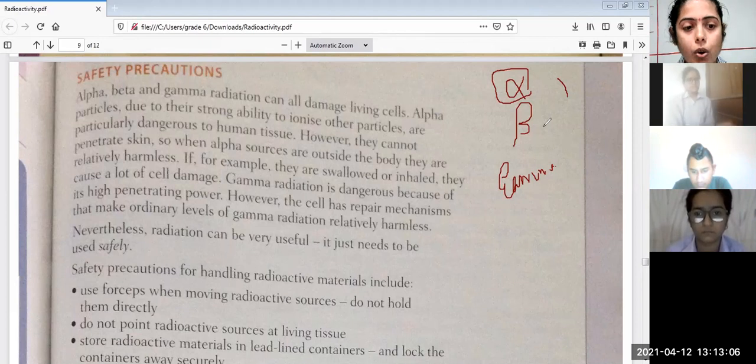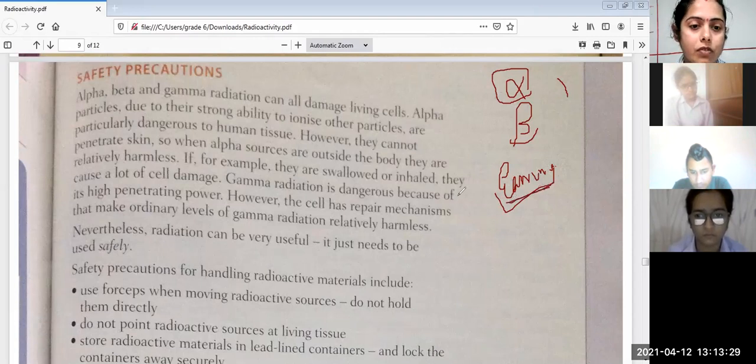Fine. So yes, there can be recovery of that, but if it is in a huge amount, then there can be a problem. Now moving on to the next, beta. Beta will be a little more dangerous, and gamma is very dangerous. Fine. If we are exposed to something like gamma, then it is going to be very dangerous for us.